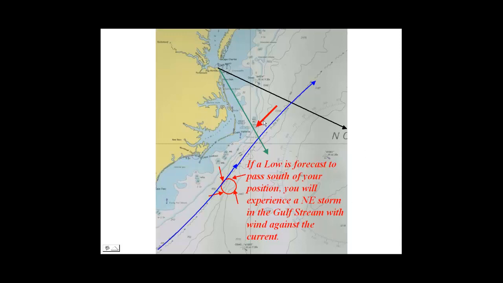I'm going to be getting northeast winds blowing right down the pipe in the Gulf Stream, and that's bad. I have wind against the current, I mean, strong wind, strong current, big steep waves in the Gulf Stream, not a pretty sight. So I'd like to avoid this if at all possible.